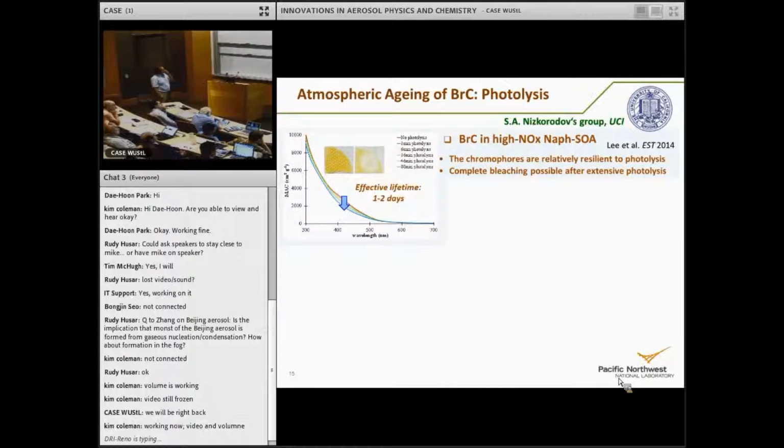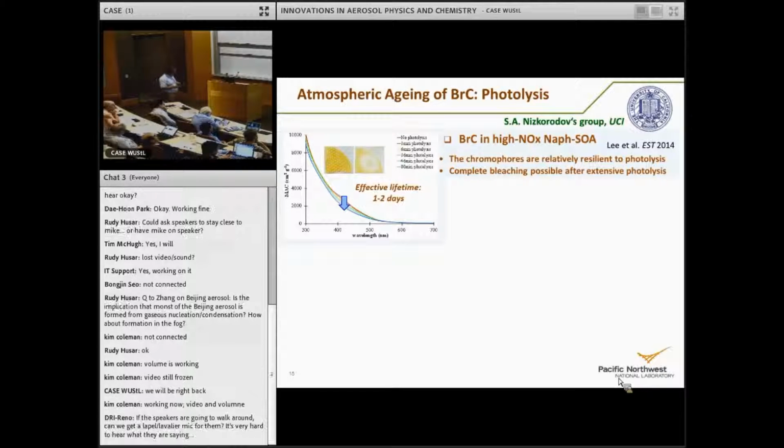Actually, these are studies led by his group. One of the types of brown carbon that I just showed you is very similar to the toluene SOA. Once the brown carbon is formed, it's very stable. You shine the light on it, and you can photobleach it, but the effective time of the photobleaching in this case takes a couple of days or so.